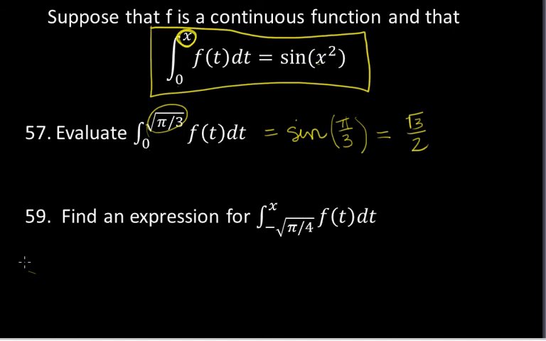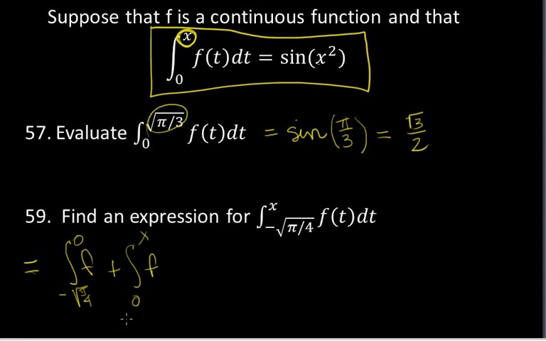So I'm going to rewrite this as, well, we need a 0 down there. We don't want minus pi over 4, so I'm going to use a property of integrals and write this as the integral from minus the square root of pi over 4 to 0 of f, plus the integral from 0 to x of f.